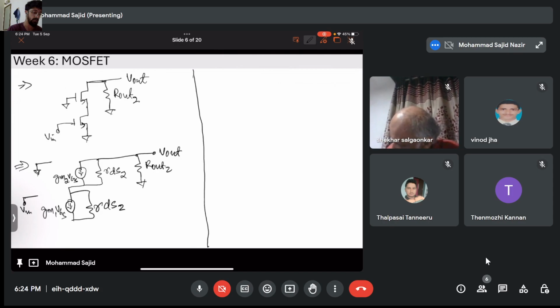Here you cannot take gm2 Vgs equal to 0 because there is some potential at S here. Similarly, this is gm1 VN. So now we have V out, we have V in. We just need to solve the circuit and we will get our V output by V in.